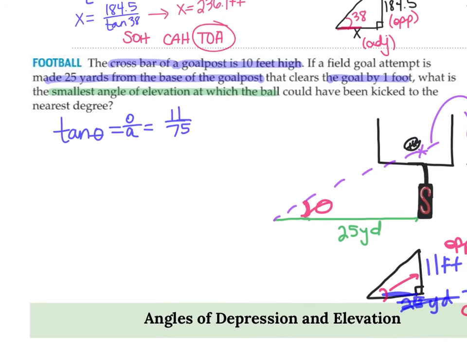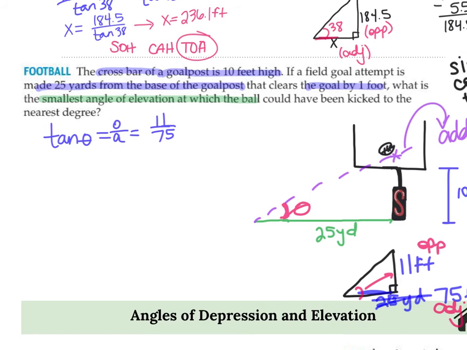This was the information from my triangle. But remember, we're looking for the angle measurement. So we need to say theta, or our angle, is equal to the inverse tangent of this specific side ratio. Once we're here, we have our equation set up. You are going to type in tan inverse of 11 over 75.